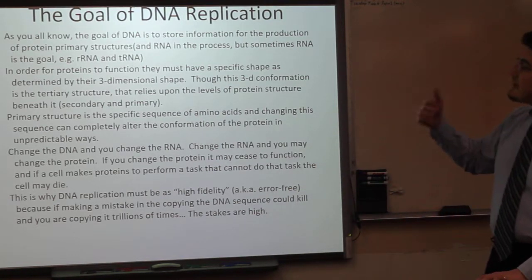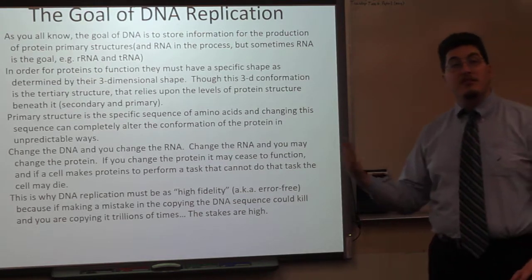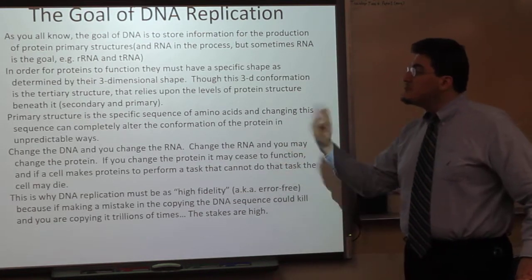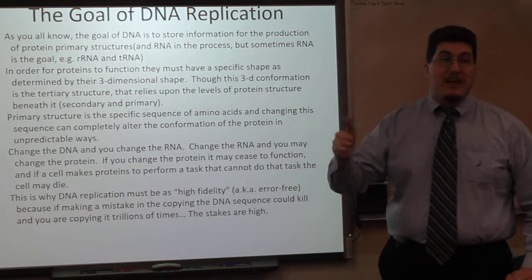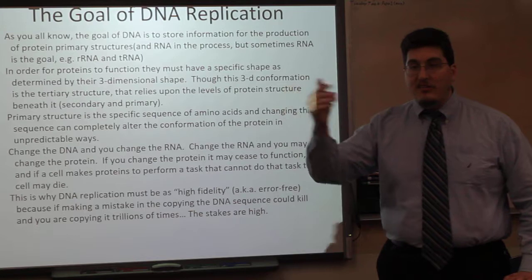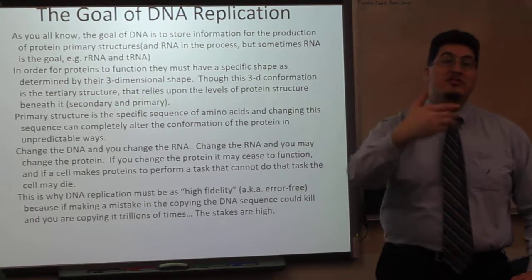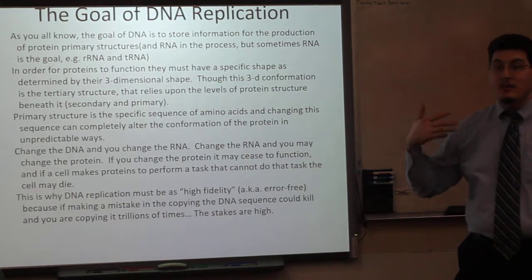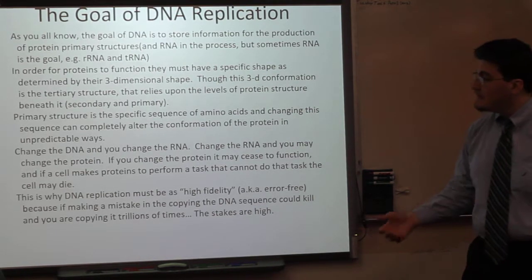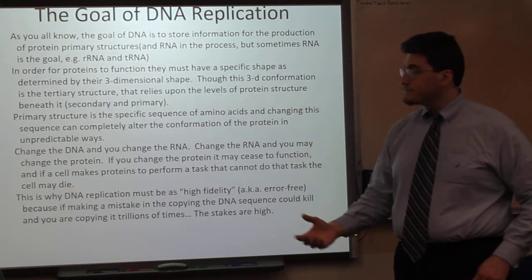So if you change the protein sequence, you change the protein's 3D structure. If you change the protein's 3D structure, you change its active site's structure. If you change the active site structure, you affect the way that it can do its job. If you affect the way it can do its job, then you can change the trait.